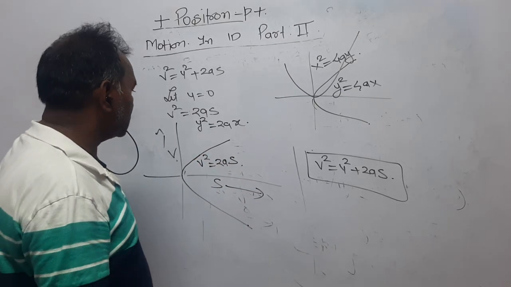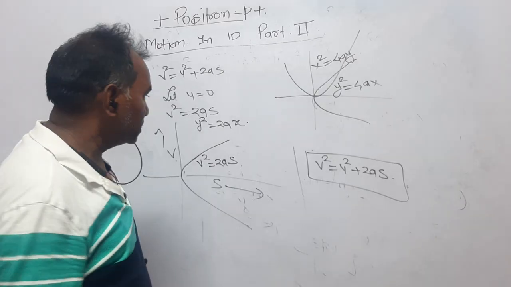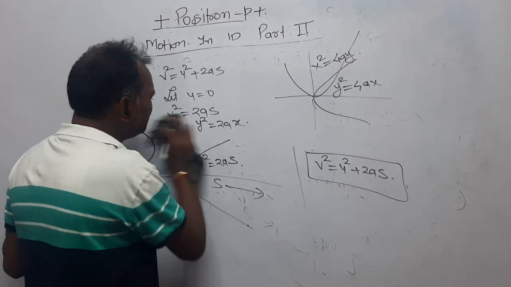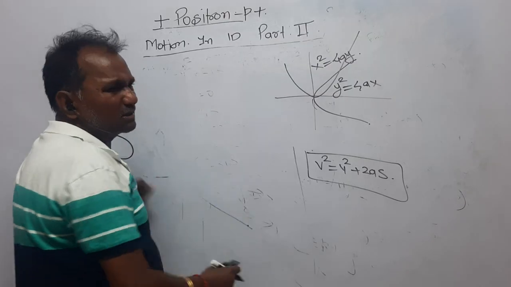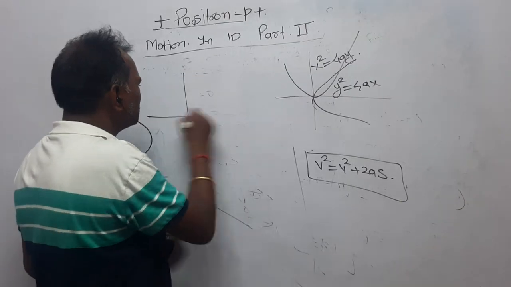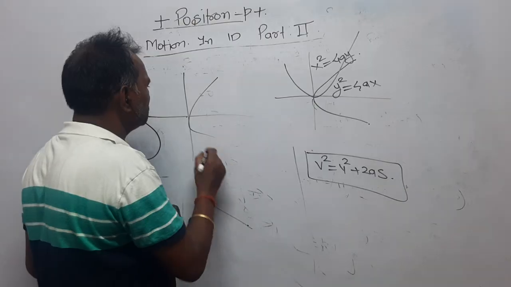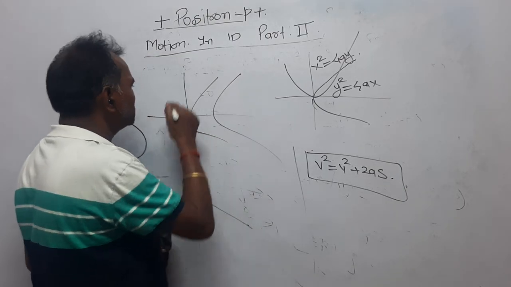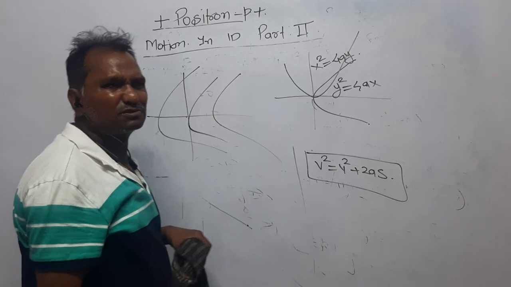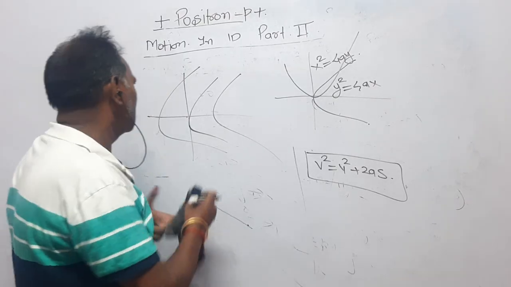This can be plotted like this. And if you plot v square equal to u square plus 2as, then our graph might be v square equal to minus u square plus 2as. Like this you can plot.